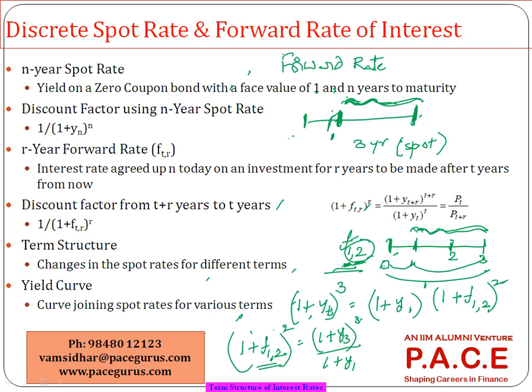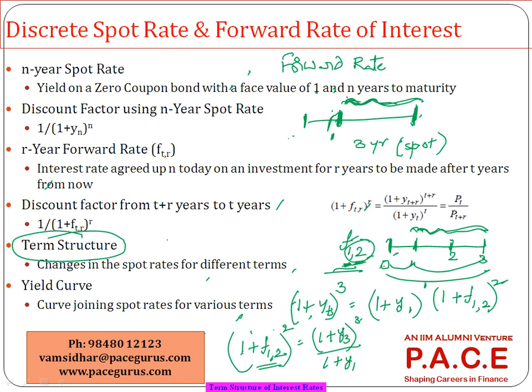So whenever we try to plot a graph of the various spot rates, okay, 1 year spot rate, 2 year spot rate, 3 year spot rate, different periods of spot rates with time on the x-axis and the spot rates on the y-axis, the line or the curve that joins all those points is what we are calling as the term structure of the spot rate.